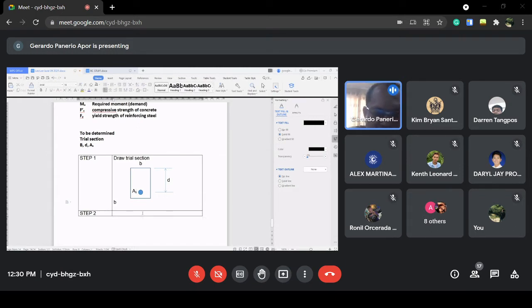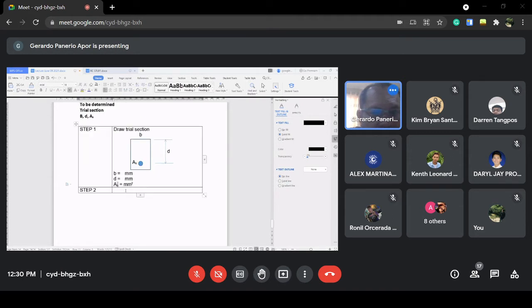Okay. So, B is equal to how many, and D is equal to how many, and AS is, in mm squared. Tapos pag-determine ng F prime C, in Pascal.